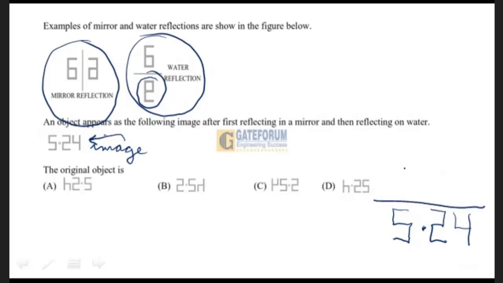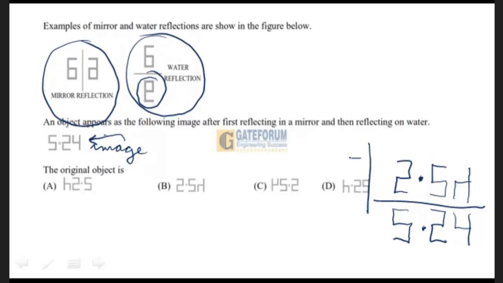So what would be the original before that? I hope we can understand that this would be somewhat of this type. The decimal will remain as it is. This, and this 4 would be somewhat of this type. So that is this one. But then originally it reflected in a mirror first. So the last it would get a reflection in a mirror.